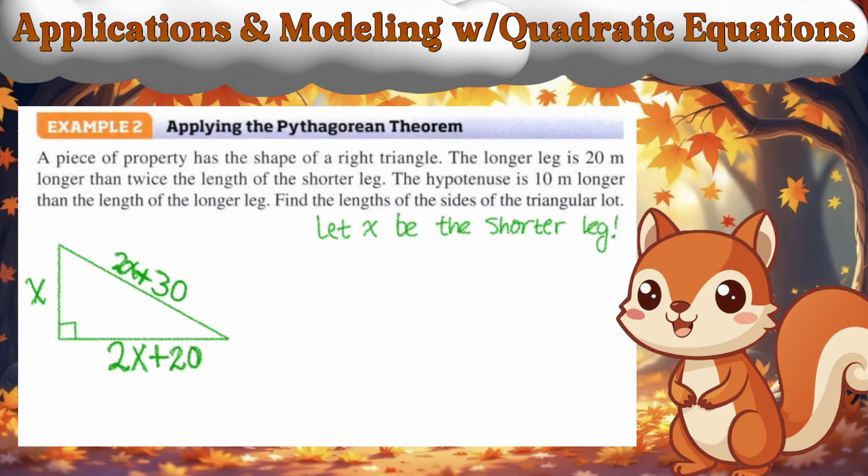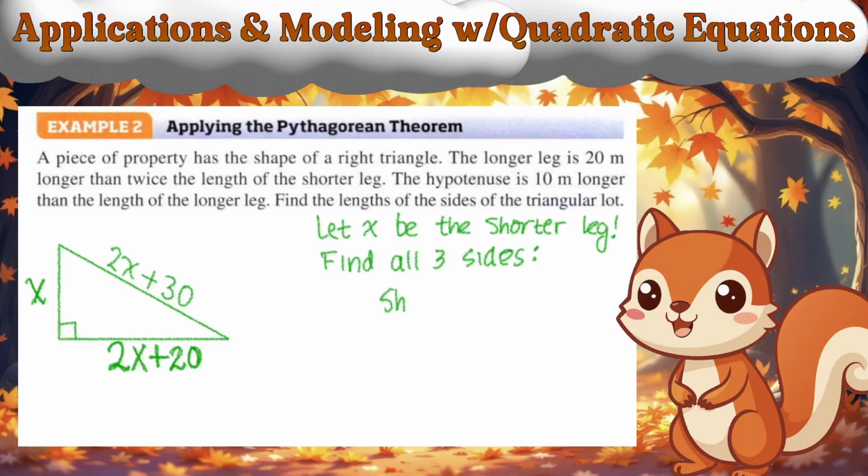Okay, so from here, keep reading. Find the lengths of the sides of the triangular lot. So we have all these clues, and we have to find the lengths of the sides of the triangular lot. So I'm looking for all three sides. So find all three sides. And I'll even set it up.